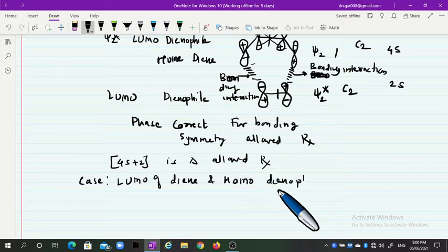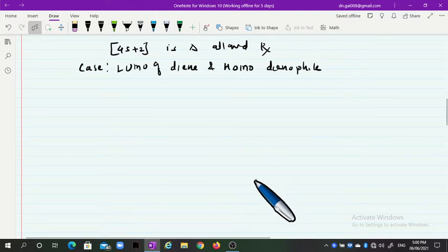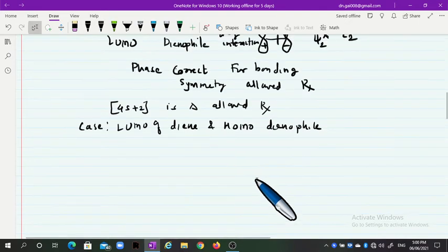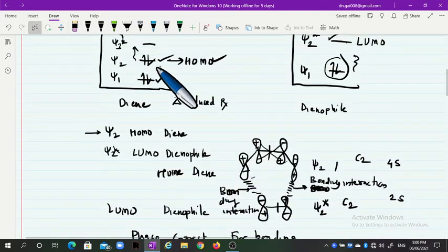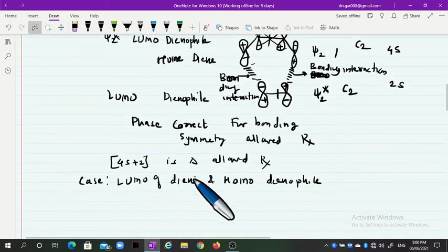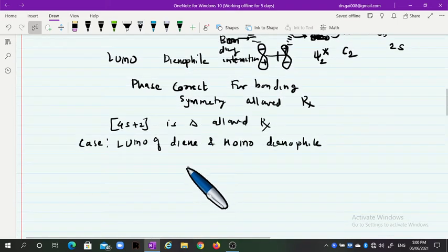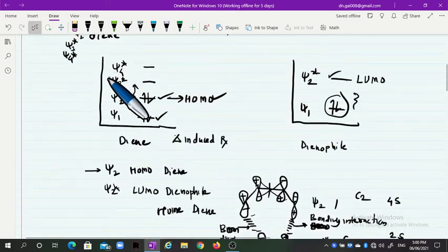Second case: we consider the LUMO of diene and the HOMO of dienophile. In the second case, for diene, which will be the lowest unoccupied molecular orbital? For this case, Psi3 star is the lowest unoccupied molecular orbital because no electron is there.